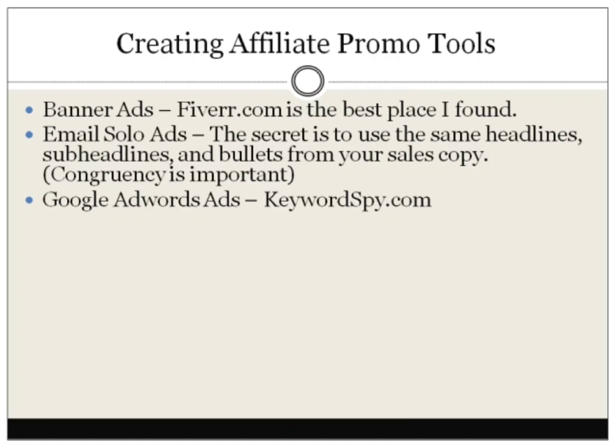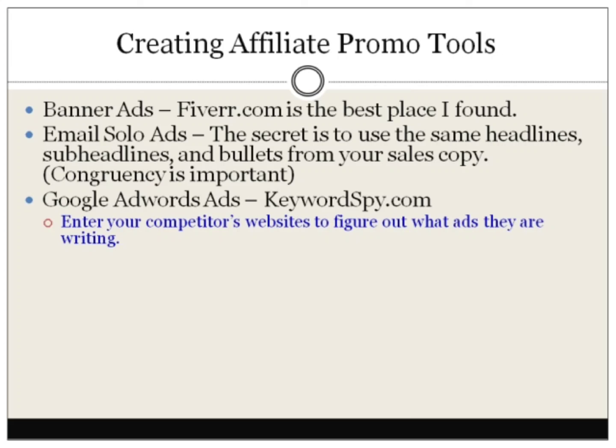And if you simply find your competitors, enter their domain name into keywordspy.com or keywords that relate to your product, you're going to see what your competitors are creating in terms of pay-per-click ads. Don't necessarily copy them, but use similar keywords. You can rewrite the ad and create some ads so that your affiliates have something in hand. So just go to keywordspy.com, enter your competitors' websites, and figure out the ads they're writing.